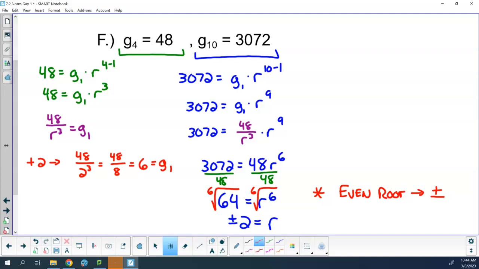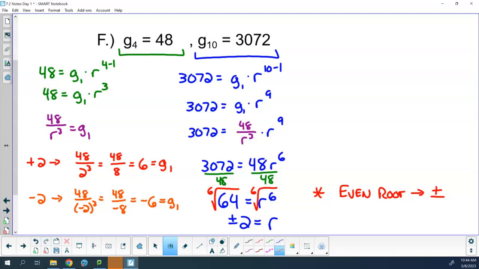But if I go with negative 2, then it's 48 over negative 2 cubed, which is 48 over negative 8, which is negative 6 for my first term.